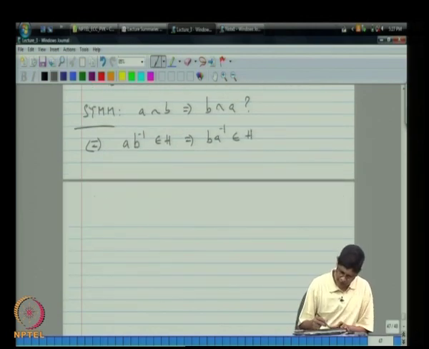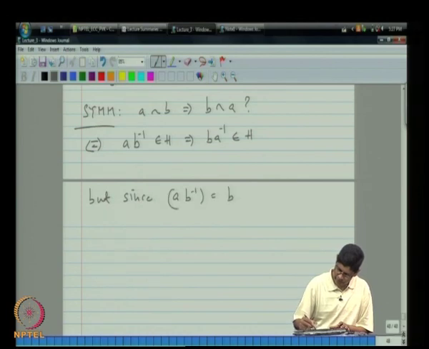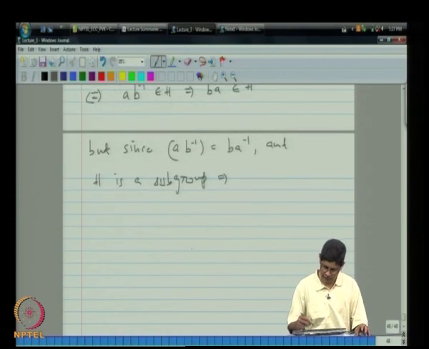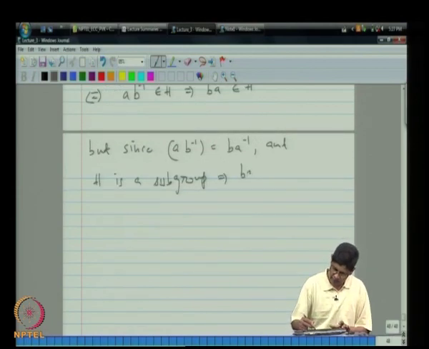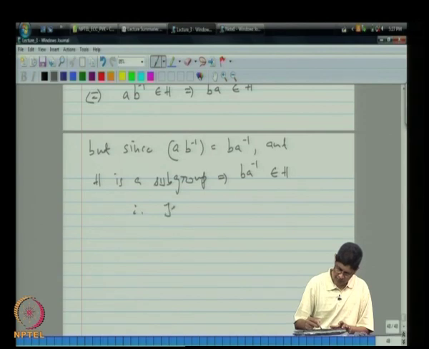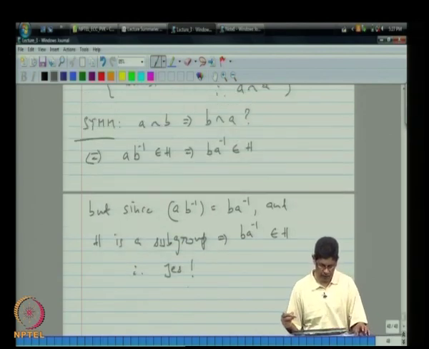This is true since B A inverse is the inverse of A B inverse and H is a subgroup, so B A inverse belongs to H. Therefore, yes, the symmetry property holds.